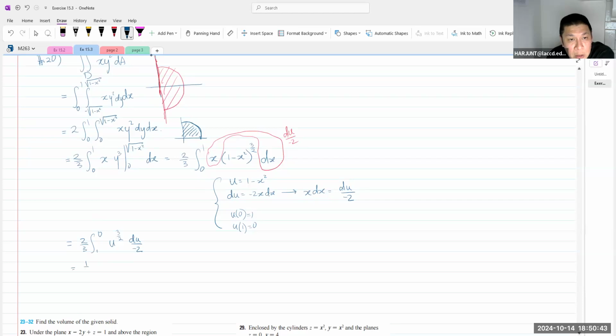That will be 1/3 integral from 0 to 1 of u to the power of 3 halves du. I absorb the negative by reversing the limits of integration. Okay, so I get 1/3 times 2/5 u to the power of 3 halves from 0 to 1, and that's it. So that's 2 over 15. That's the answer.